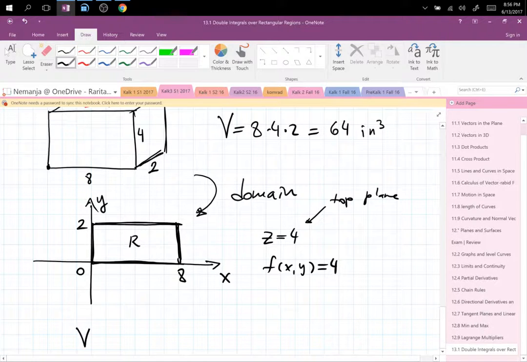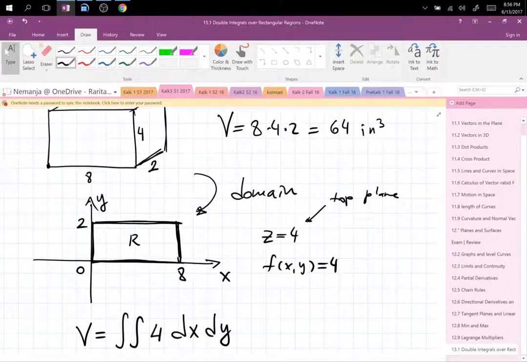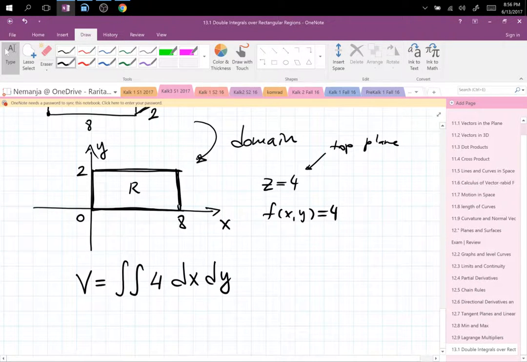Because the volume is given as the double integral of the function, and in this case that will be 4. And then you pick dx dy or dy dx, it doesn't matter. For rectangular regions, it will matter later. And this is what you say.